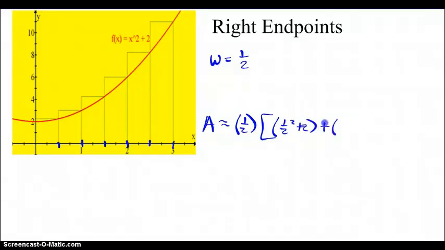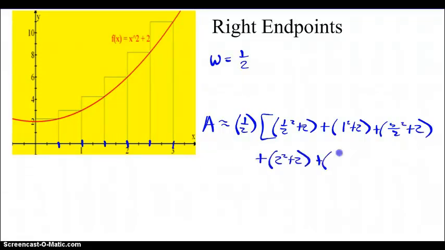The second one is 1 squared plus 2. The third height is 3/2 squared plus 2. The fourth height is 2 squared plus 2. The fifth height is 5/2 squared plus 2. And the last and final height is that right endpoint at 3 squared plus 2.